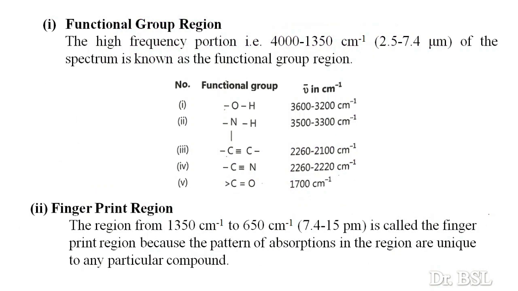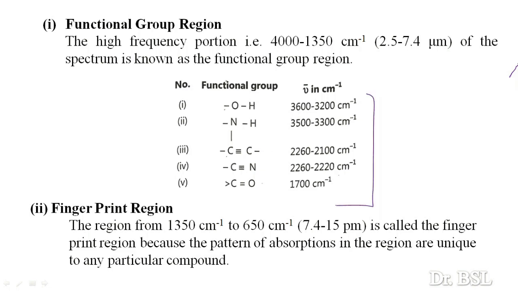In functional group region, we can have the peaks or the signals for specific functional groups. For example, hydroxy group, NH, C triple bond C, etc.